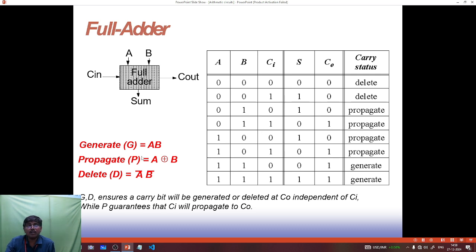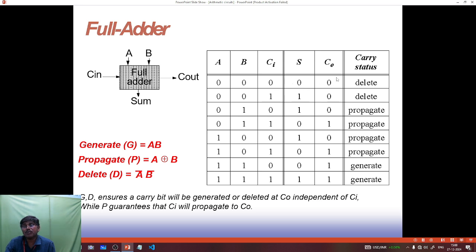So here our concept is generate. Carry generate is nothing but A into B, propagate is nothing but A XOR B, and delete is nothing but A bar, B bar. Now for the first case, the 3 inputs are 0, that means A, B and carry input are equal to 0, sum is equal to 0. A XOR B is 0, and A XOR B XOR C is also 0.